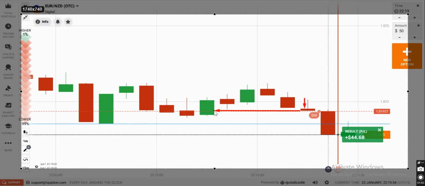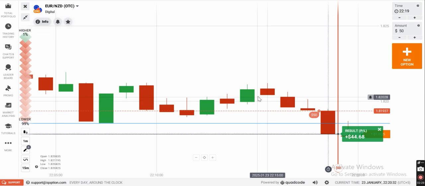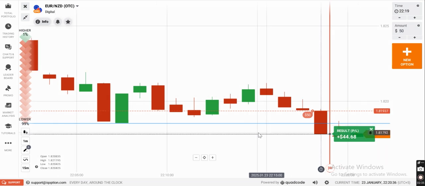Right now I have two levels here, so still there was a gap. Because of that gap, the market went down, because the market was moving like this. So because of that we took this trade and we won this trade easily.